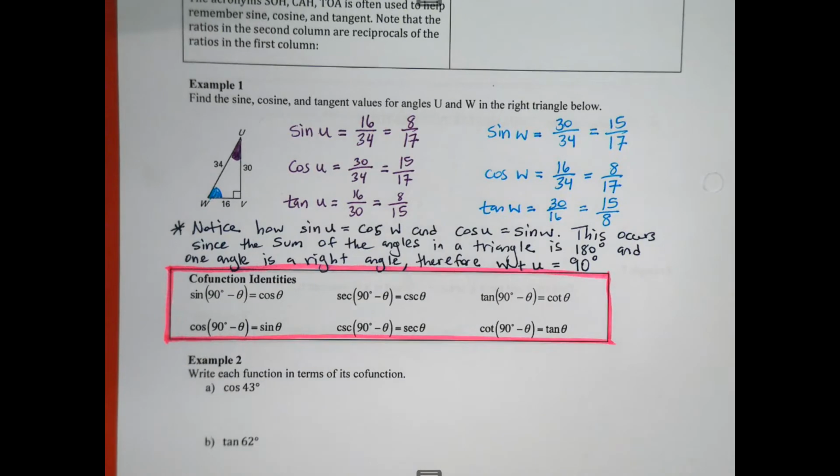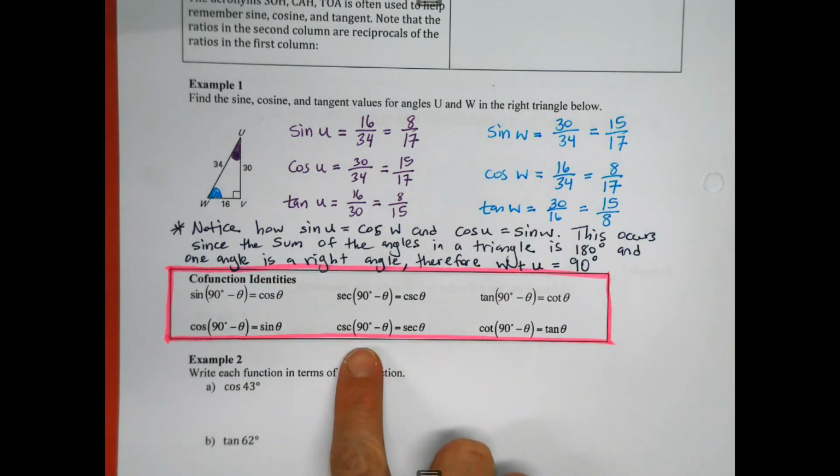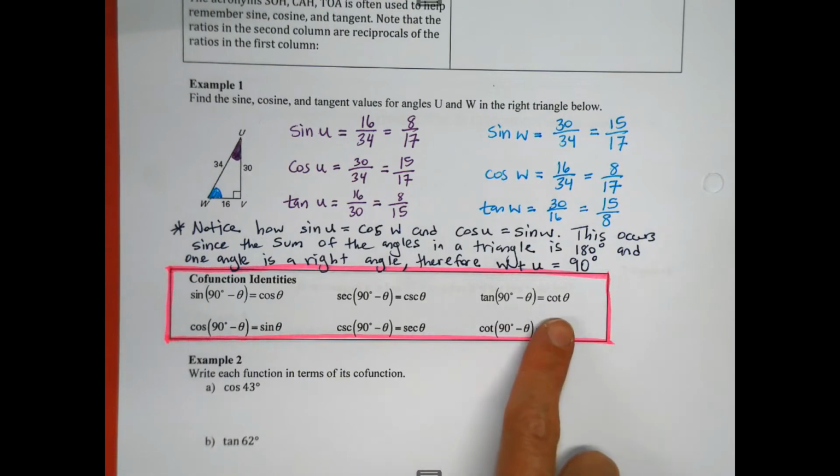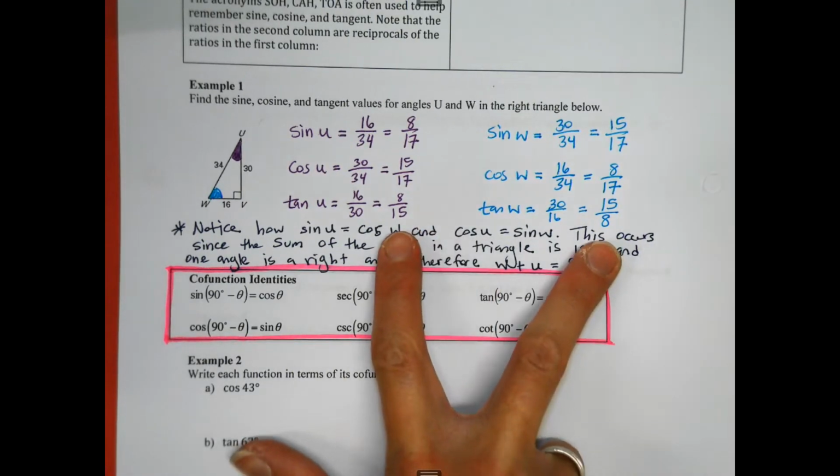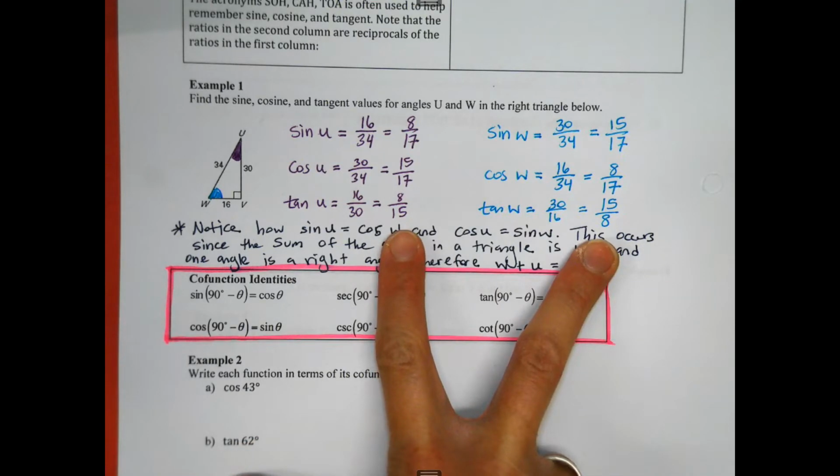The cosine of 90 minus any angle is always equal to the sine of theta. Secant of 90 minus theta is equal to the cosecant of theta. Same with cosecant. And then tangent and cotangent are cofunctions. And you can see that here because those are the two that are related.